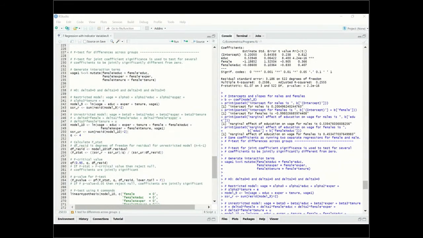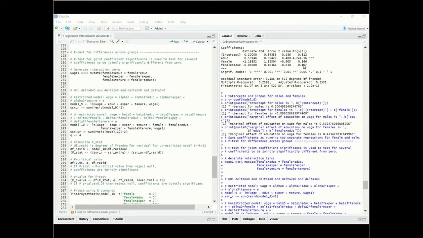Okay, one more important point to mention here is that even though the intercept for male and female is different, if we look at the p-value, they're not significantly different from each other. And the same thing applies here: even though the coefficients on education are different for males and females, they're actually not significantly different from each other.